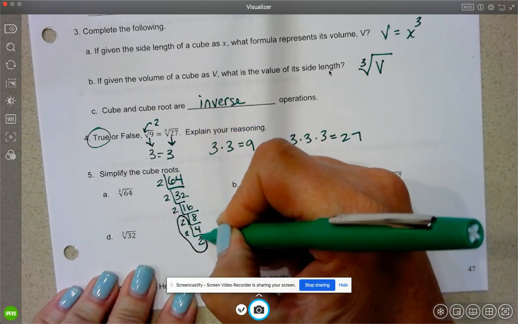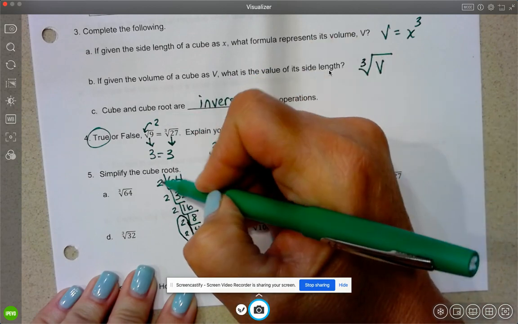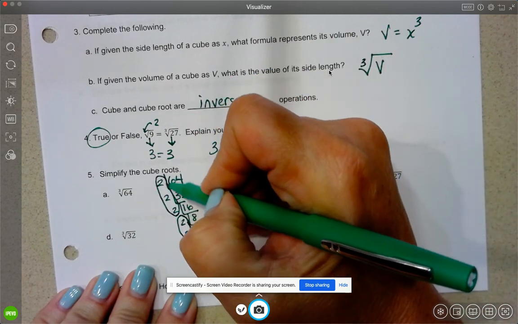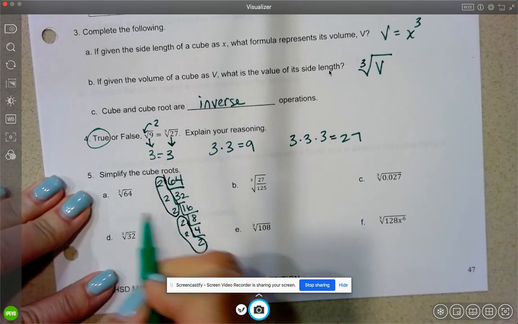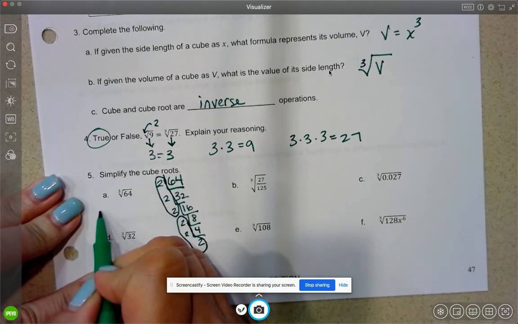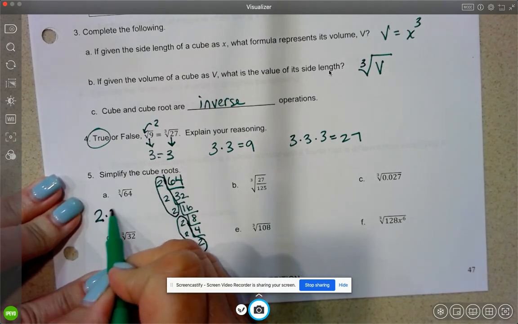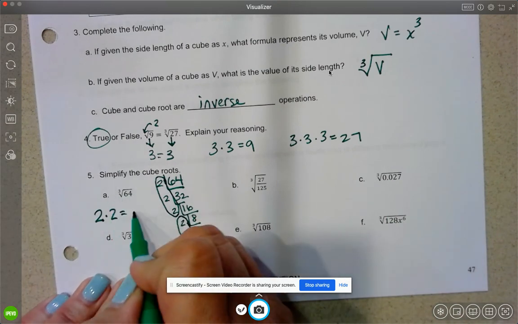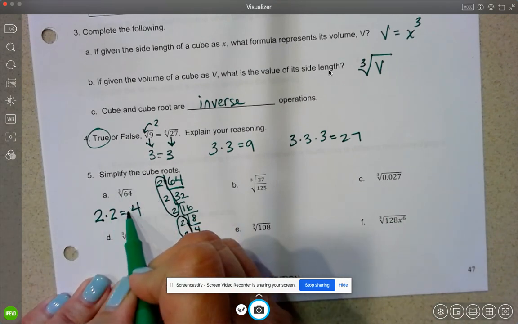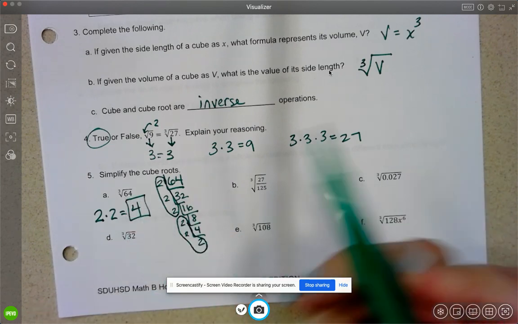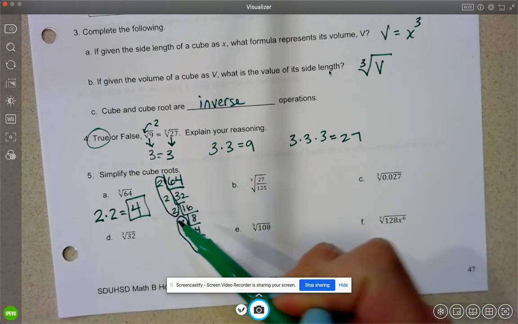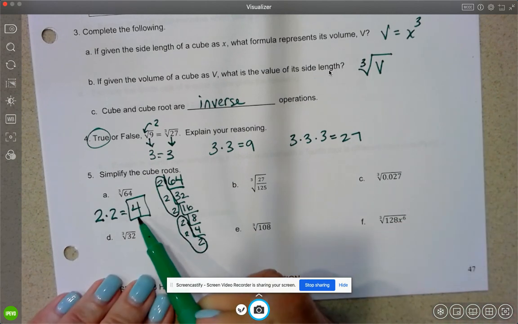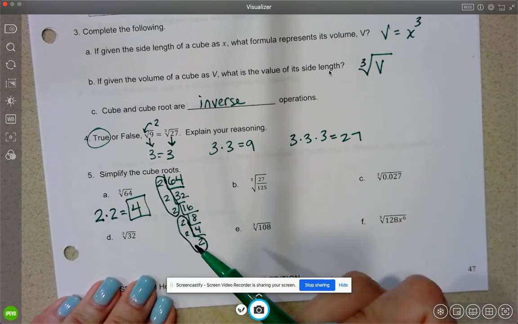So I have 2 times 2 times 2, a group of 2's, another group of 2's. So I have a 2 on the outside times another 2 on the outside. So I know that I'm left with 4, and I don't have anything left on the inside. That just tells me that 64 is a perfect cube because 4 times 4 times 4 is 64.